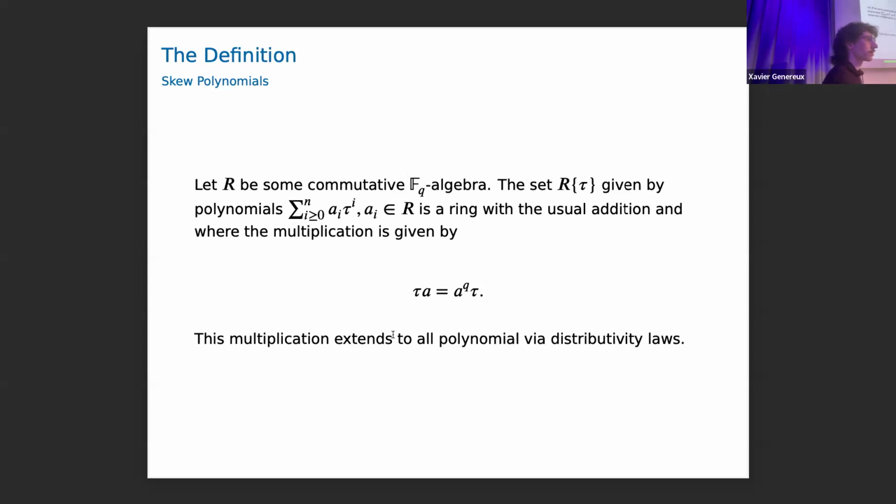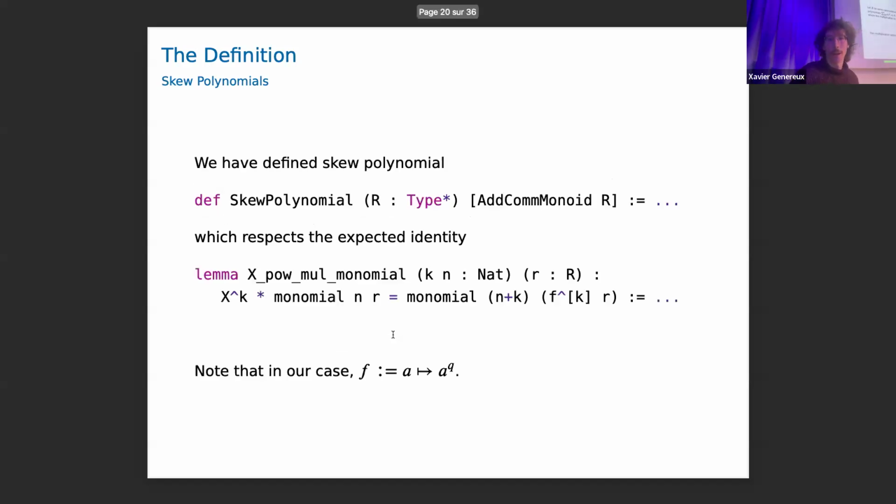This is the only difference from normal polynomials, and it adds a non-commutative flavor. When you want to multiply two general polynomials, it distributes in the obvious way, and this is how you get the multiplication on all polynomials. Just remember, when you want to pass an a on the left, you have to raise it to the q-th power.